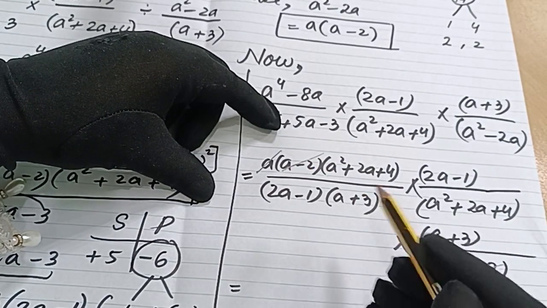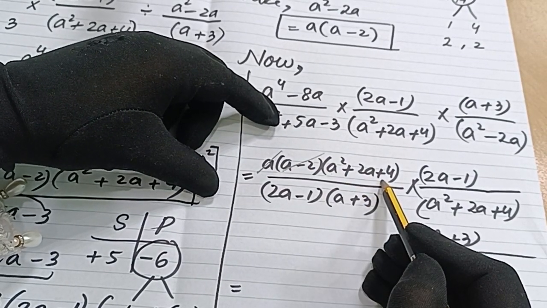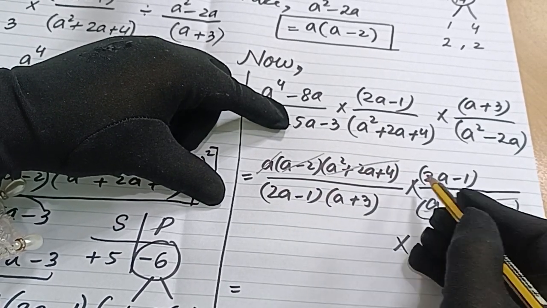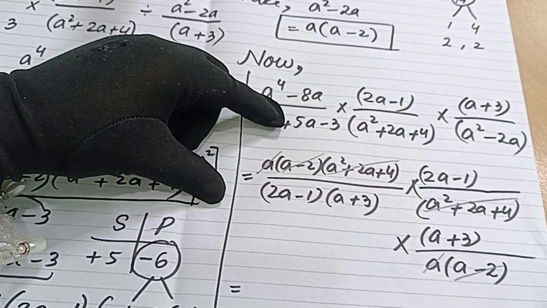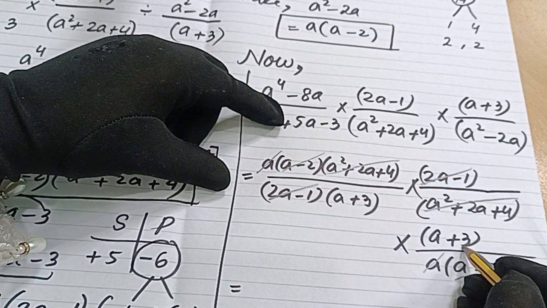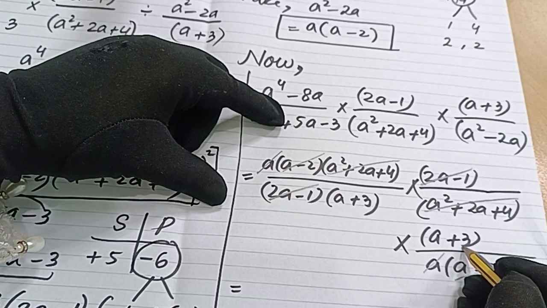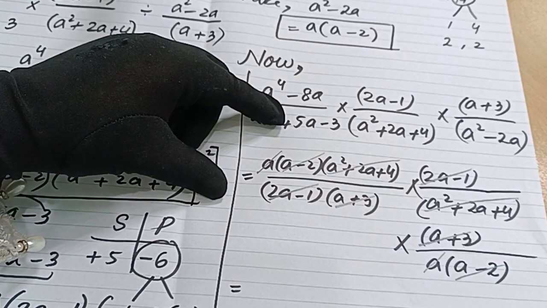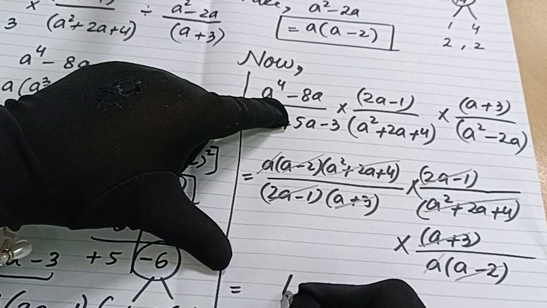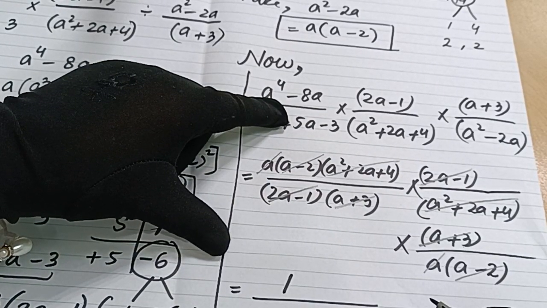Yes, this one. This factor can be cancelled with the same factor in the denominator. Yes, same this one. 2a minus 1 can be cancelled with a factor in the denominator. Yes. So next, this numerator can be cancelled with a factor in the denominator. Yes. So what is left in the numerator? All killed. 1. So 1 will be staying there.